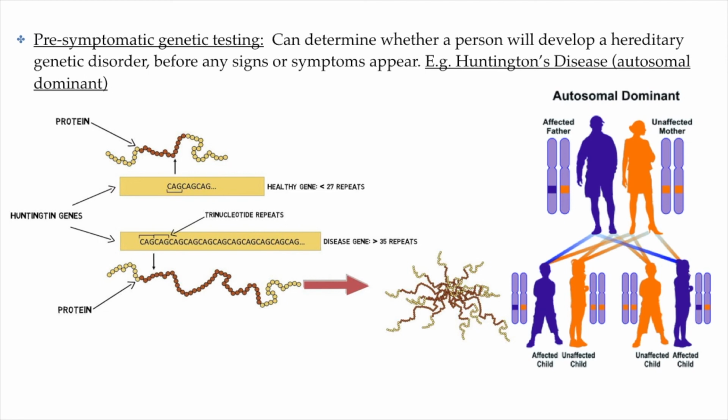So as the disease progresses, body movements become more erratic or shaky, and affected individuals will actually start having trouble walking, speaking, swallowing. Patients usually live about 15 to 20 years after the signs and symptoms start. And symptoms of Huntington's disease don't appear until after people already had their children.